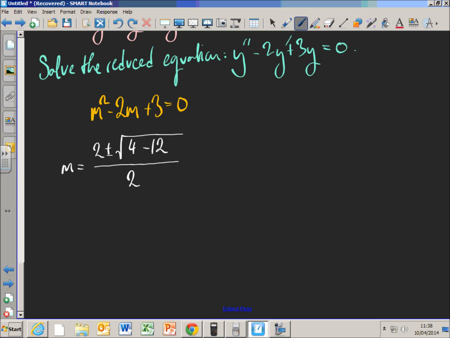So 4 take away 12, is that minus 8? Yep. So this is 1 plus or minus root minus 8 over 2. And what does that go to?